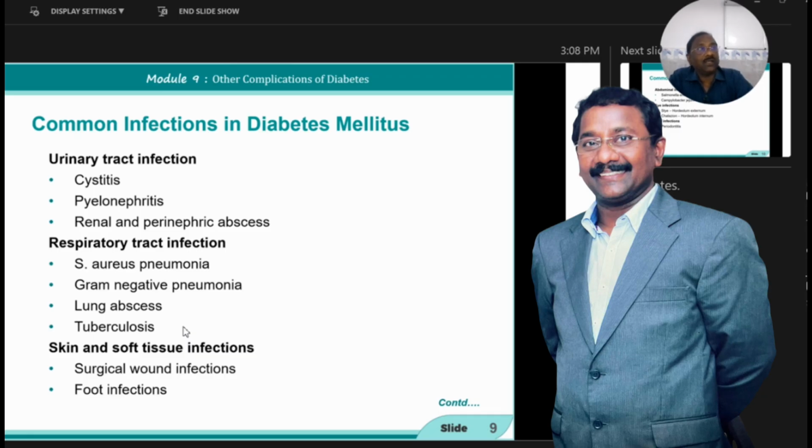Tuberculosis causing otitis media, or tuberculous mastoiditis, or tuberculous pneumonias, then tuberculous pleural effusions, tuberculous pericardial effusions, tuberculous pericarditis, tuberculous endocarditis, Libman-Sacks endocarditis, etc., a lot of vegetations, and then aortic regurgitation, mitral regurgitation, etc. Then you will have TB abdomen, peritonitis, and then tuberculosis of the kidney, so renal tuberculosis, tuberculosis of the fallopian tubes, tubal tuberculosis, and then epididymo-orchitis.